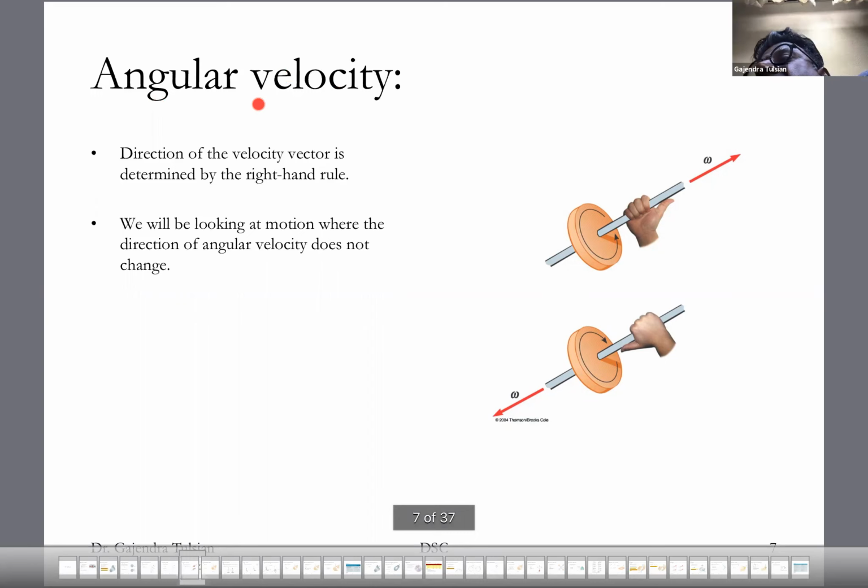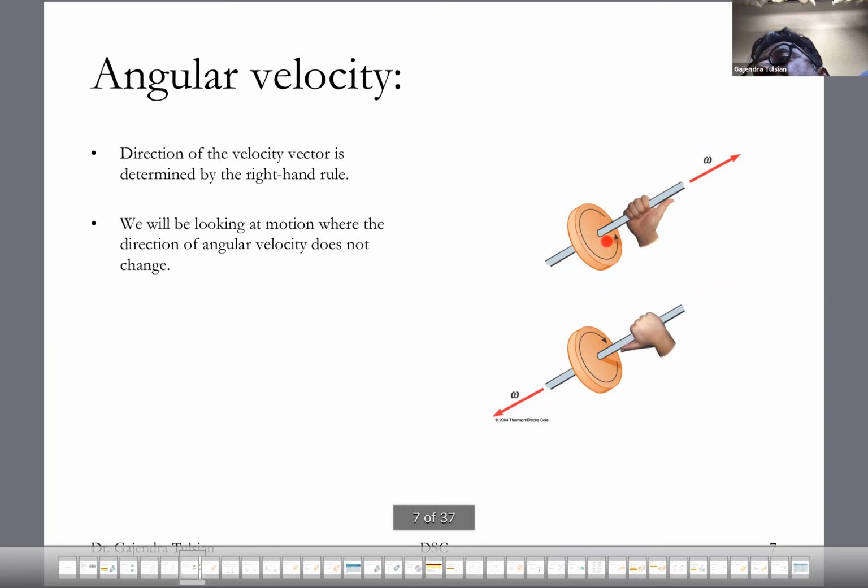There is the axis of rotation of this object that's rotating. As it rotates this way, the way you figure out the direction of the velocity is you take your right hand. Your fingers point in the direction of rotation, so your fingers strap in the direction of rotation and your thumb points in the direction of the velocity. The faster this thing is spinning, the greater the magnitude of the velocity, indicated by the length of the arrow, the length of the vector.